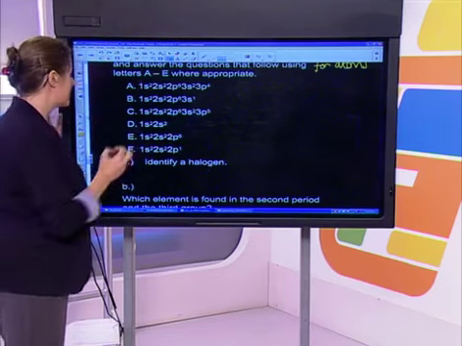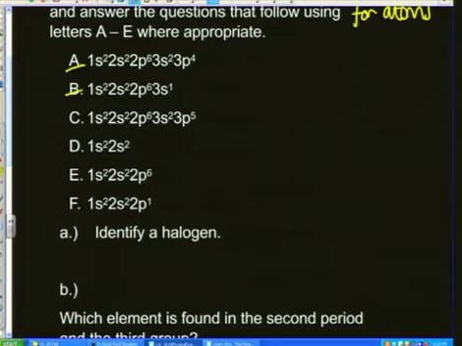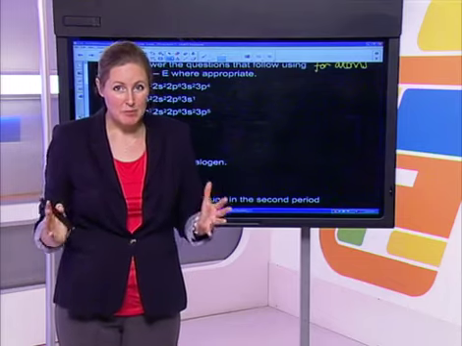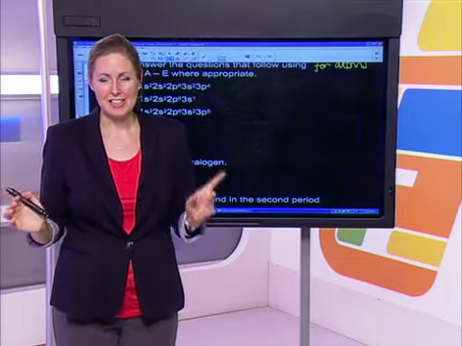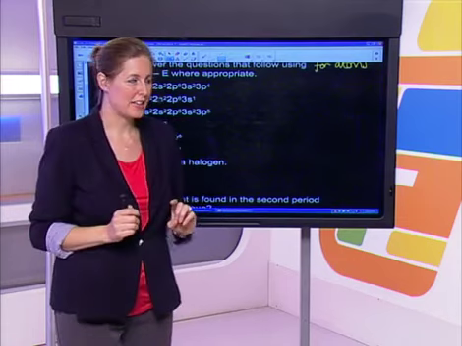And when we answer the questions, I'm going to answer A, B, C, D, etc. Okay? I've thrown this in here because I know students don't often like these electron configurations. They can be tricky. But hopefully, if you've thought through what we just spoke about in terms of the periodic table and the way it's arranged, we should be able to answer quite a few of these.